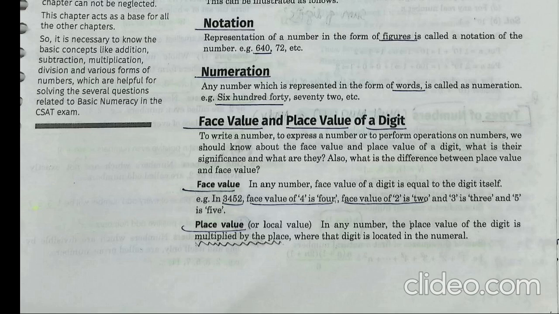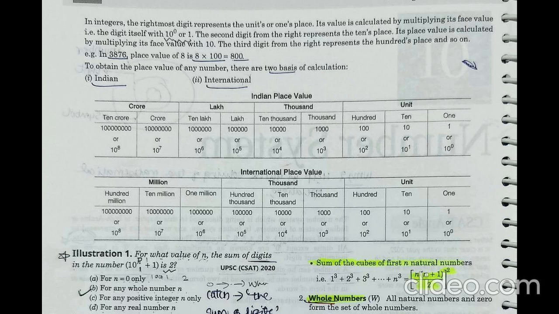If I ask you the place value of 4, the place value of 4 is 400. What is the face value of 4? It's 4. So just keep this differentiation in your mind: this is called face value and this is called place value, right?